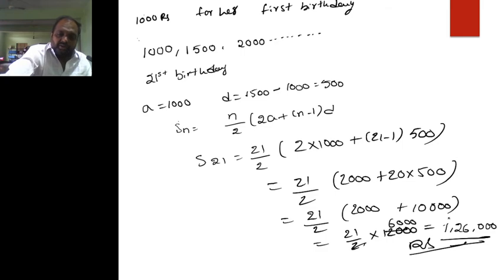Okay, so now we are discussing the sum of n terms. The mathematician Archimedes gave a formula. For the natural numbers 1, 2, 3, 4 and so on, the sum of n terms formula is n into n plus 1 by 2. We already discussed it in the first class.